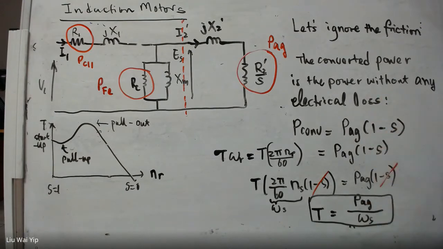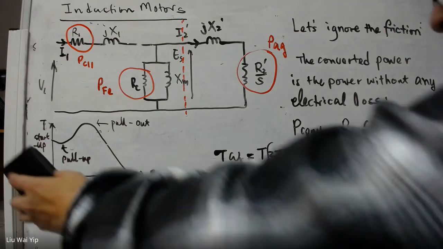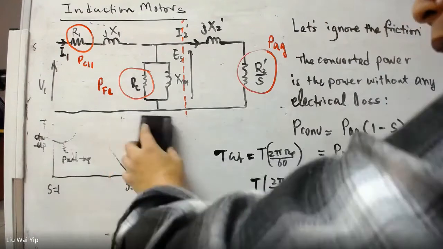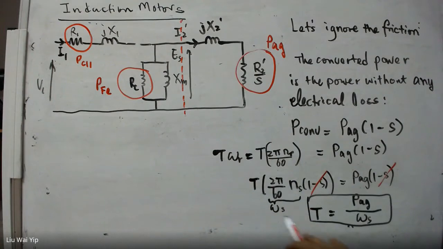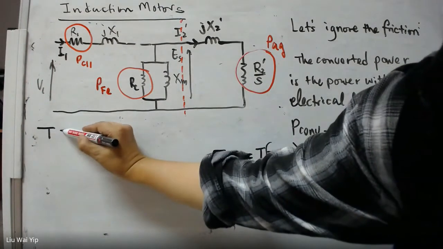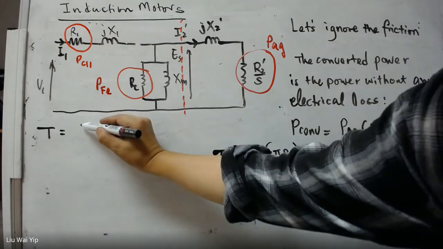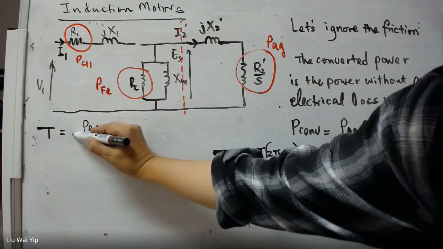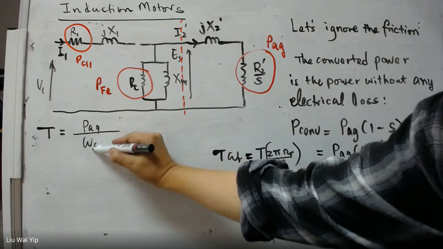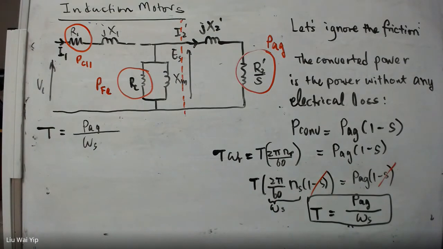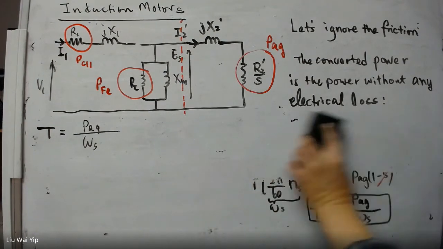The torque, according to here, is the air gap power divided by the synchronous angular velocity. Sorry. Now let's move on. T here is equal to P_AG, the air gap power, divided by the synchronous speed of the rotating magnetic field. And we don't need that much space to explain everything.